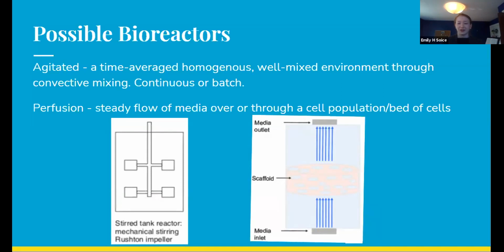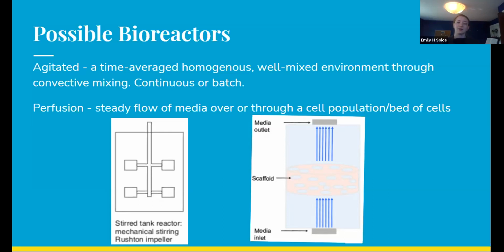So then you can also think about this as different ways that you are mixing the media or replenishing the media in the cells. So you can have agitated bioreactors, where you're having a time averaged homogeneous environment using different types of flow.